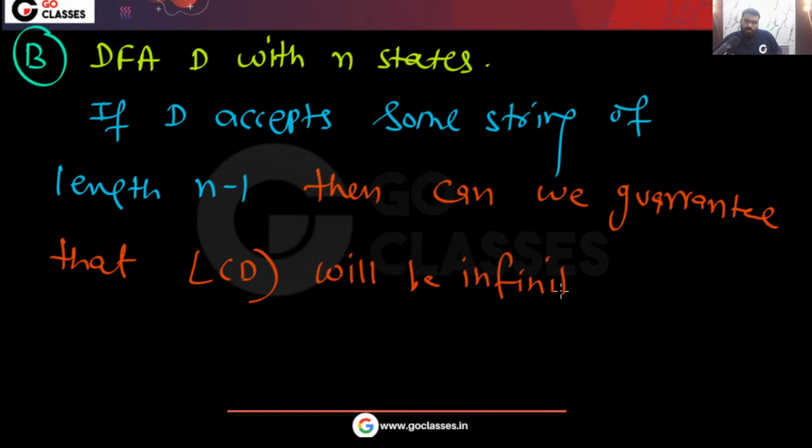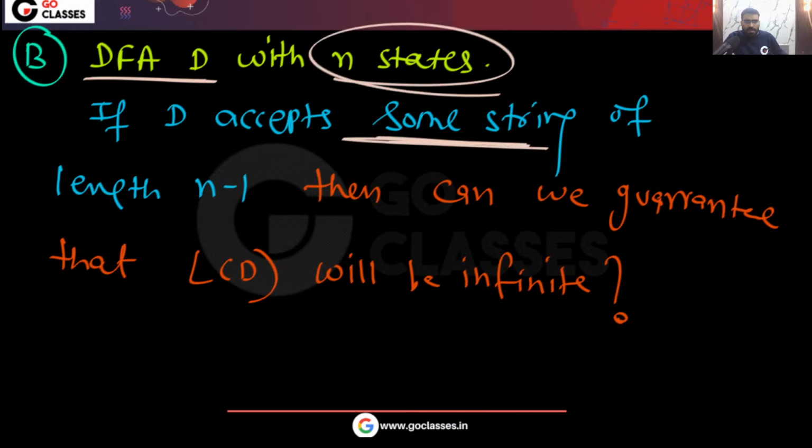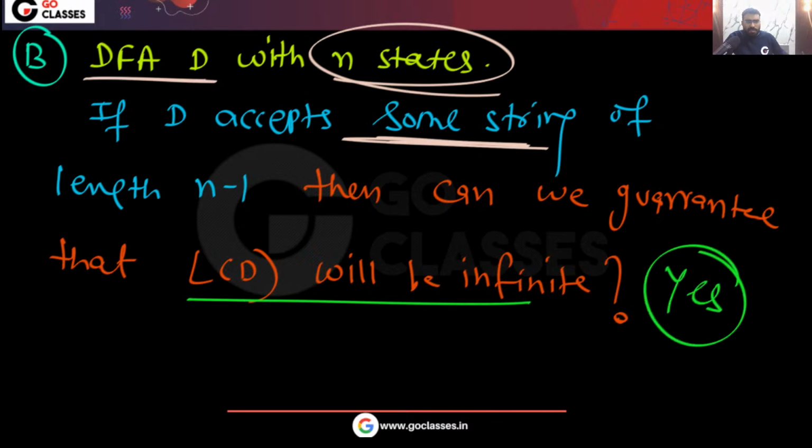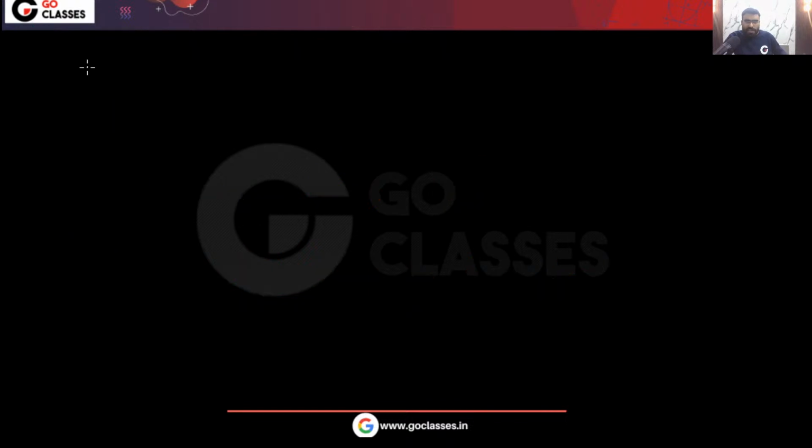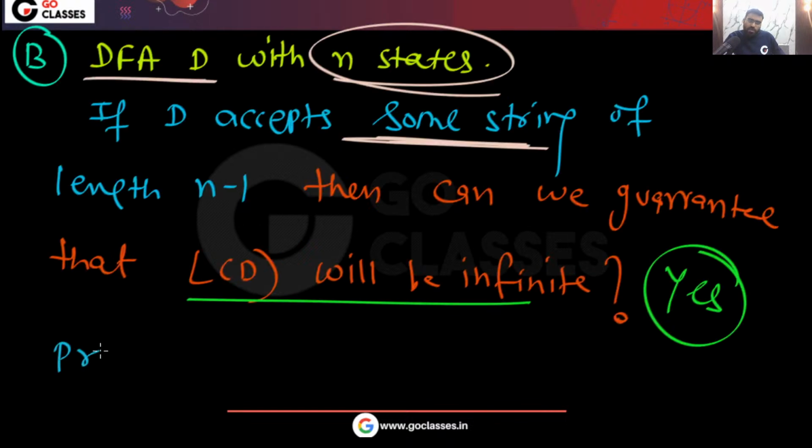What do you think? If DFA D accepts some string of length n minus 1, where n is the number of states, can you guarantee that L will be infinite? And the answer is yes. You can guarantee that the language will actually be infinite. Let me prove it to you. Okay, so let's prove it.